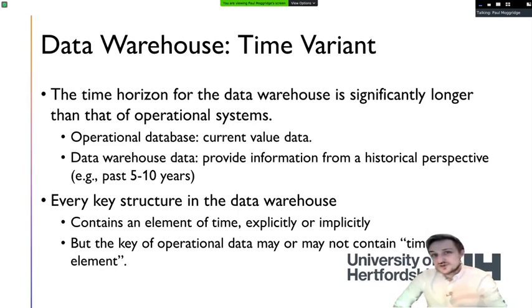This gives a time perspective over the data, so that an analyst can look at changes over a longer period of time and identify trends. Data warehouses almost always contain a time element. One of the dimensions will almost always be time, off of one of the fact tables.